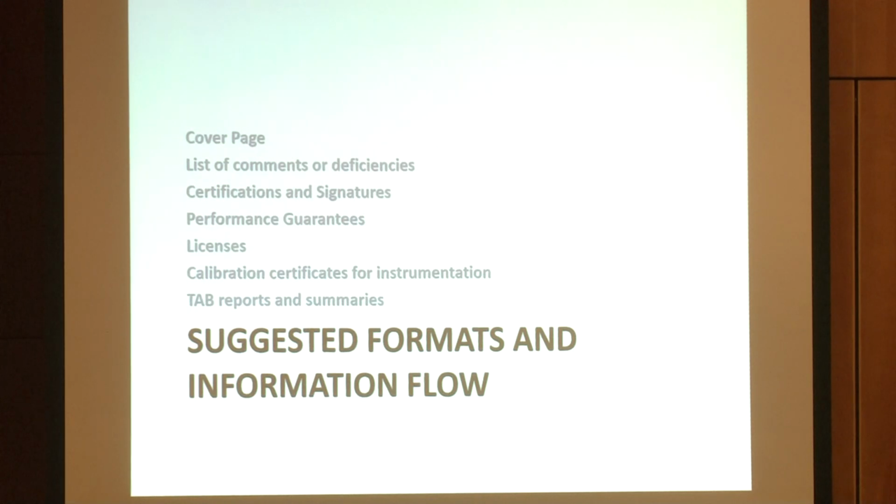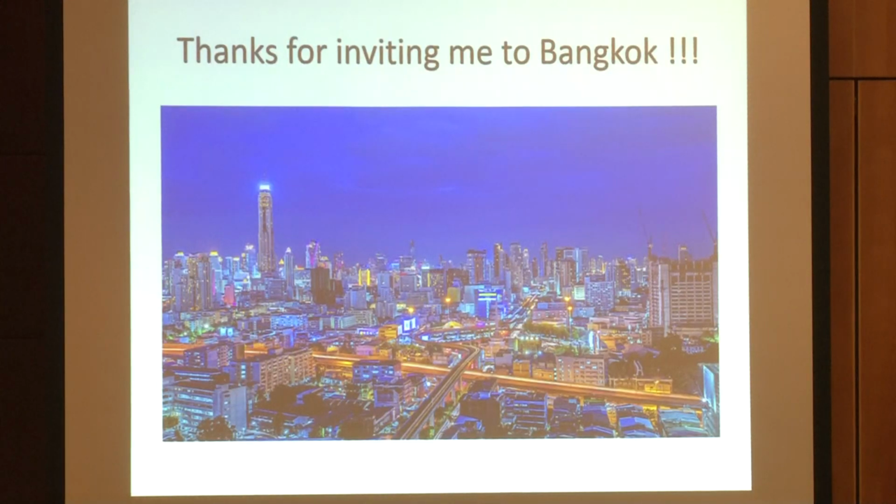That's a standard format that we like to see when those reports go out, so they're 100% complete and standardized, so that everybody's TAB reports look the same and everybody is doing it the same way.